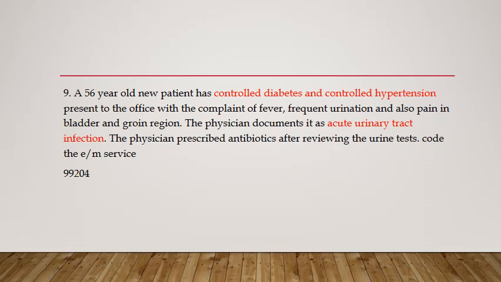The physician prescribed antibiotics, which comes under prescription drug management, and that comes under moderate in the risk table. So in the problem table you got moderate, and in the risk table also moderate, and it is clearly mentioned that it is a new patient, so E&M of a new patient with moderate level MDM is 99204.